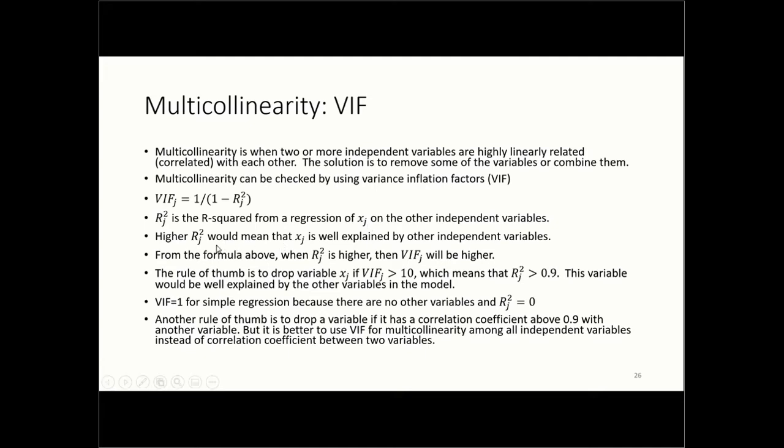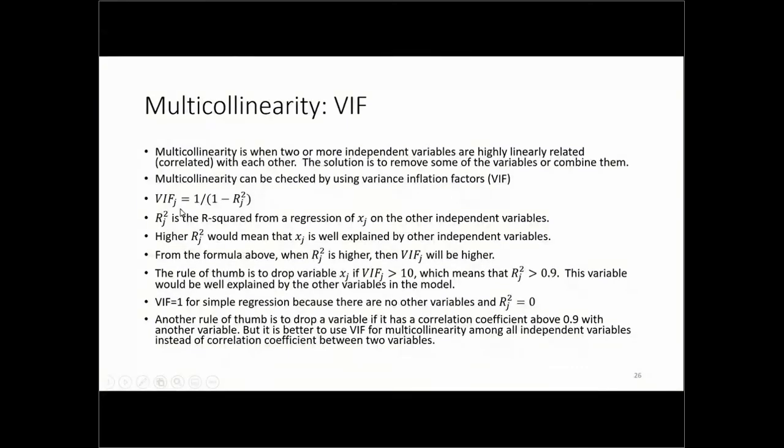Here, a higher R squared for the third variable would mean that it is well explained by the other independent variables. From the formula above, R squared comes with a negative sign but is also in the denominator, so a higher R squared j would lead to a higher VIF j.